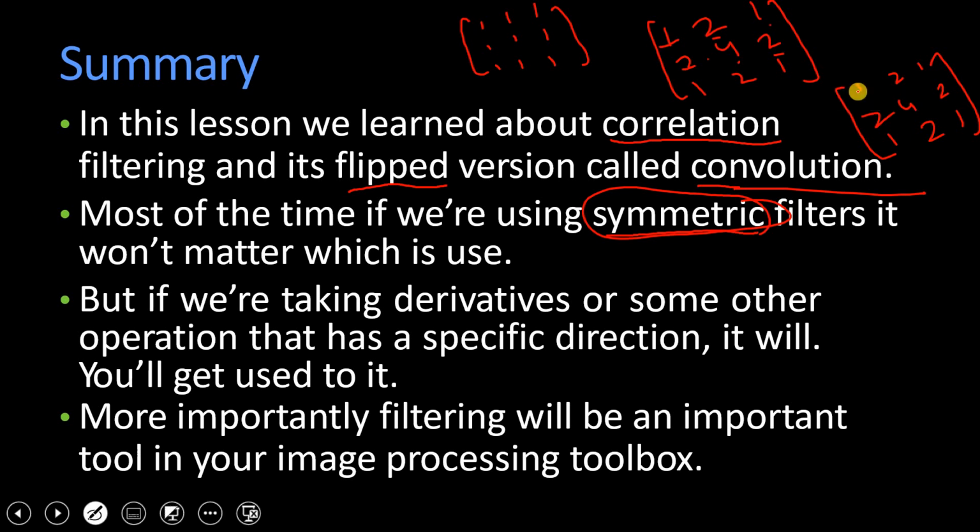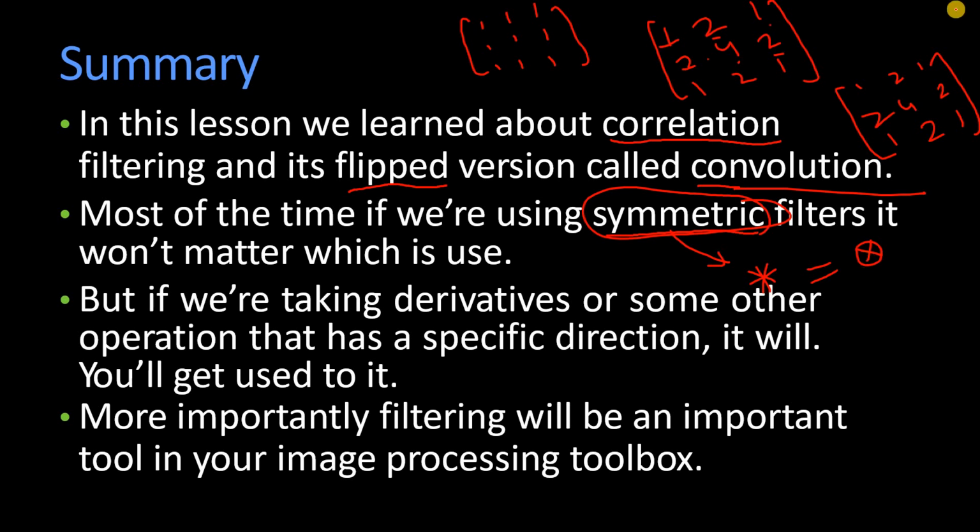So for symmetric filters, convolution and correlation are the same, no difference. Very important concept. Okay.